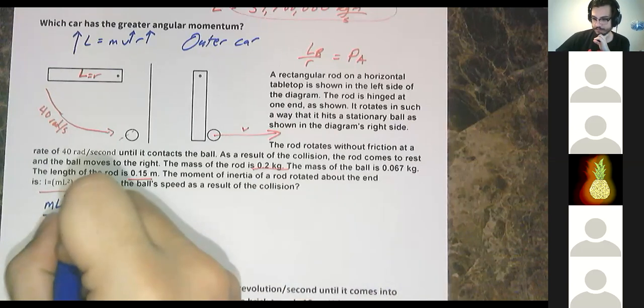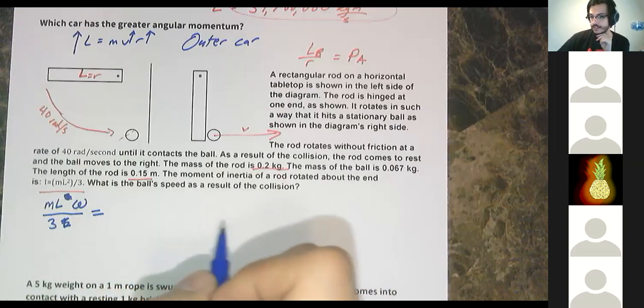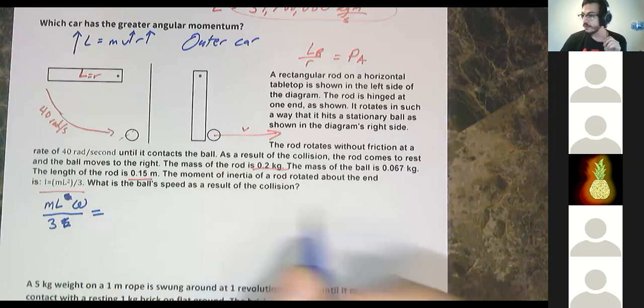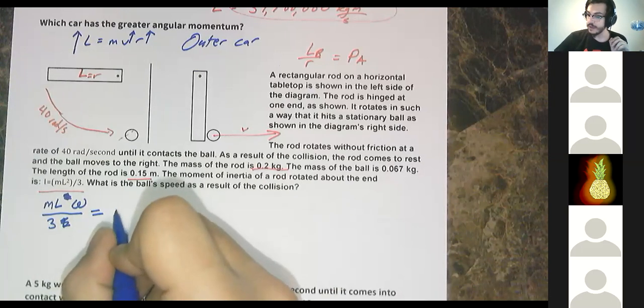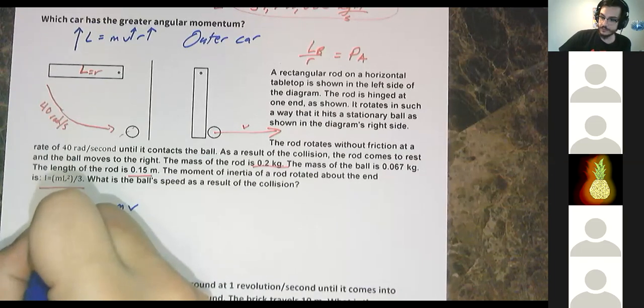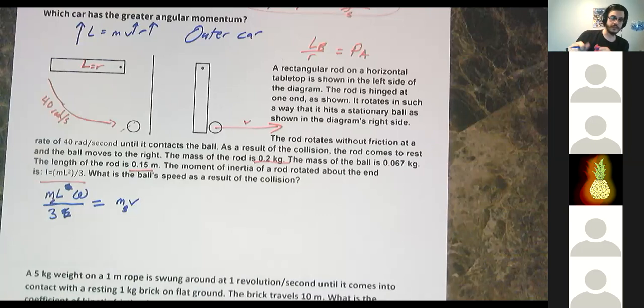That cancels, so that's not squared anymore. Then that is going to be equal to mass of the ball times the velocity of the ball. Now keep in mind, this is the mass of the rod, this is the mass of the ball. So those don't cancel. Don't cancel those out. You'd be getting overzealous if you tried that one.